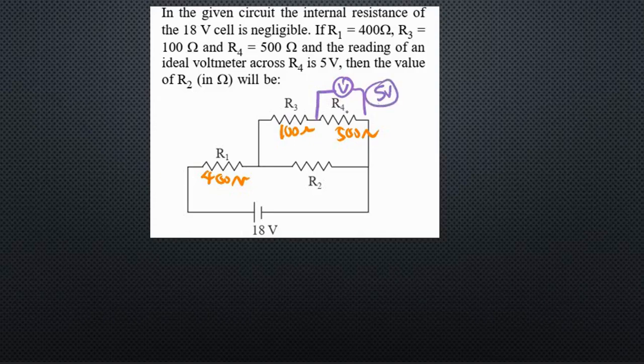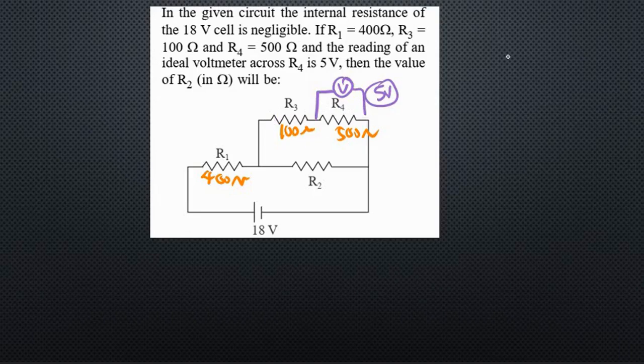Normally, the voltmeter is connected to a resistor in parallel, you should know that, right? 5 volt across R4. Then the value of R2 in ohms will be?